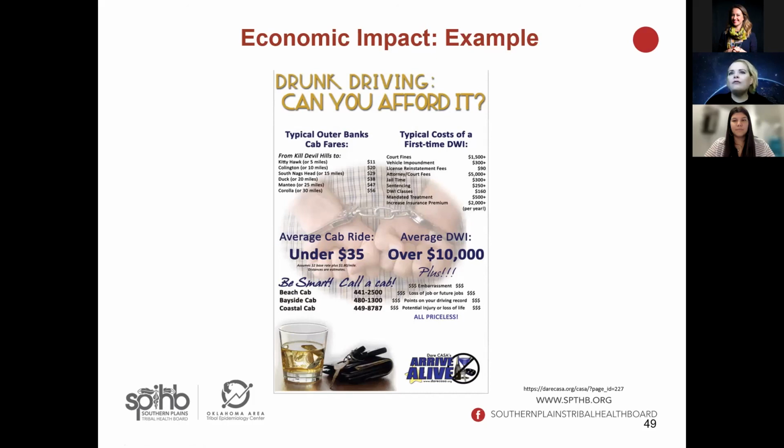They averaged all those different cab fares, and it came to about $35. Then they took the typical cost of a first-time DWI and averaged those out. So you can see on the left, $35 versus $10,000, and then they put their Be Smart, Call a Cab message. I think that's a really good way to do it.